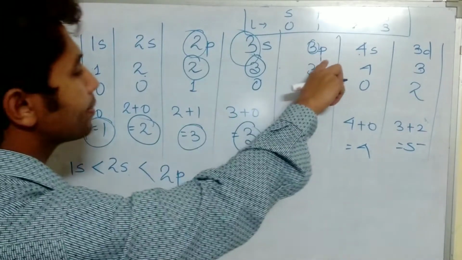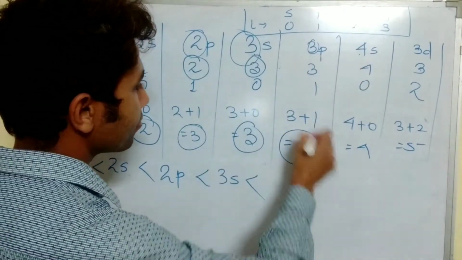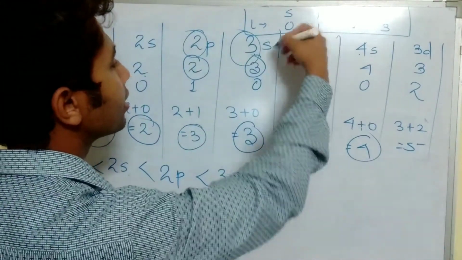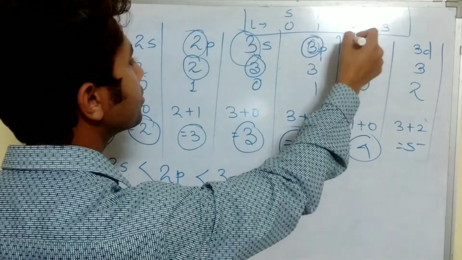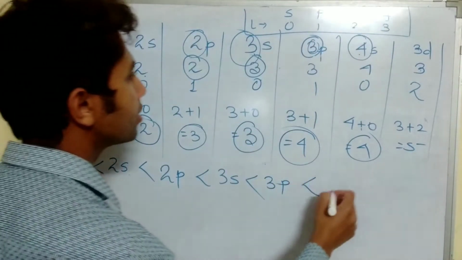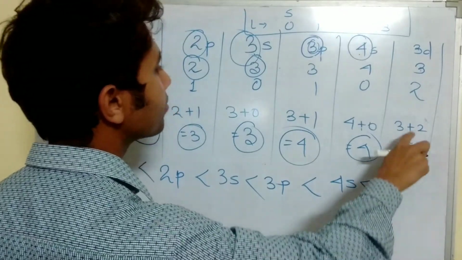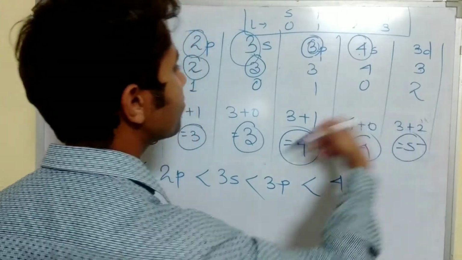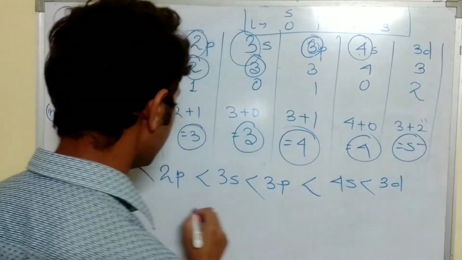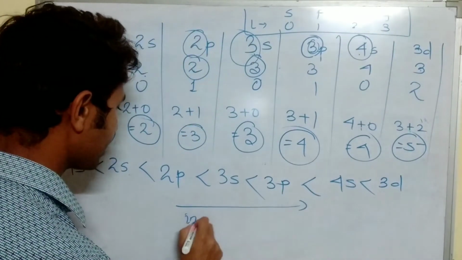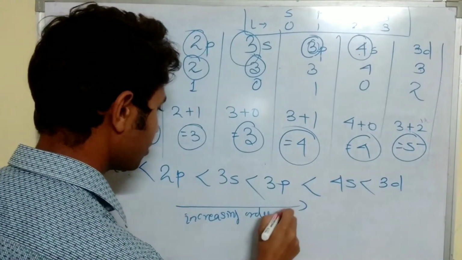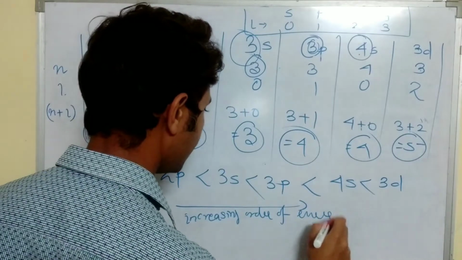Again, 3p and 4s have the same n plus l value, so the lower n value, 3p, comes first, then 4s. Then n plus l value 5 is for 3d, so the 3d orbital comes. So this is the increasing order of energies.